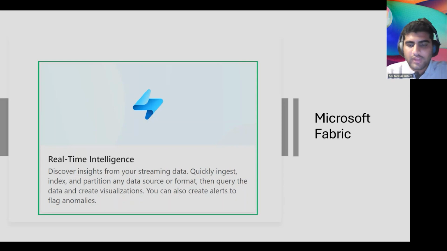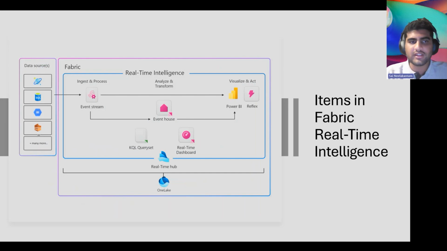In Real-Time Intelligence, the architecture is something like this, where we have the Fabric items and different data sources. It could be Amazon Web Services, a SQL database, Cosmos DB, Azure Event Hubs, or many such data sources.